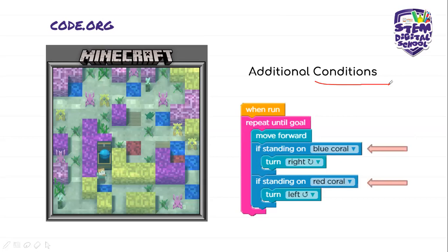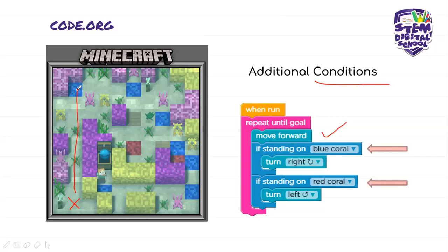And we can see how if we start all the way down here again, and we say repeat until goal, our little character will keep moving forward because that's our first condition, move forward. And it will keep moving forward until one of our other conditions take place.